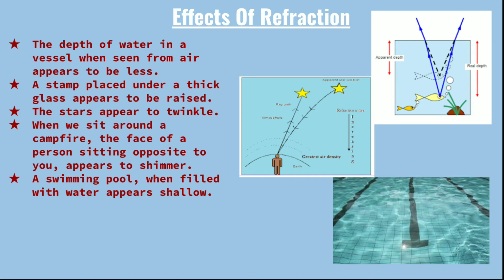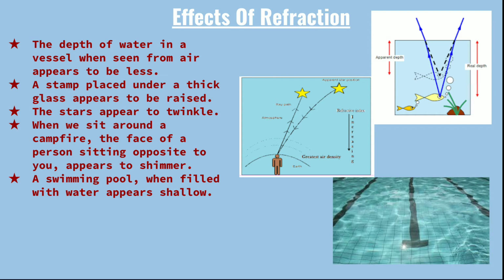The bottom of the bucket appears higher, raised up. This is because of refraction. Like that, the depth of water in a vessel when seen from air appears to be less. A stamp placed under a thick glass appears to be raised. Even the stars appear to twinkle because of this refraction.